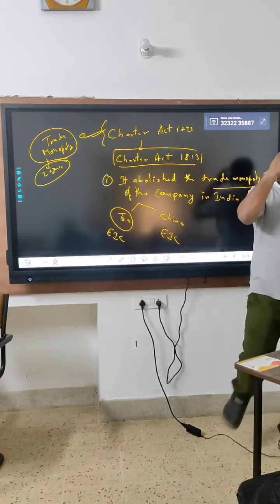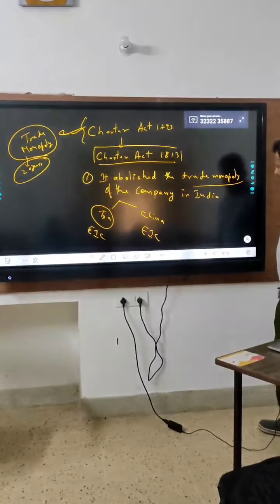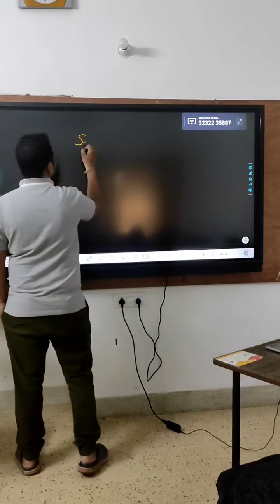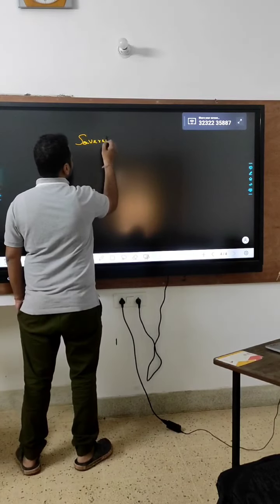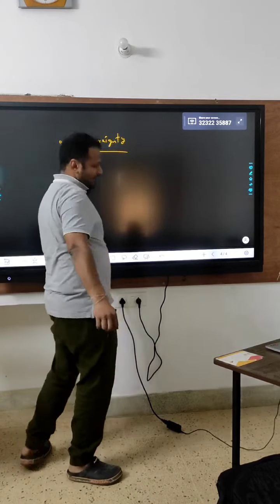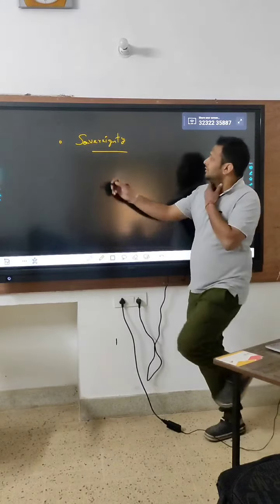Second, it asserted the sovereignty of the British Crown over the company's territory in India. Second point is sovereignty. So who is sovereign?